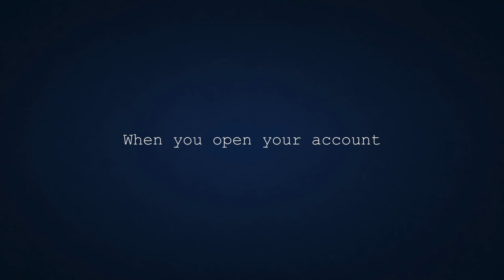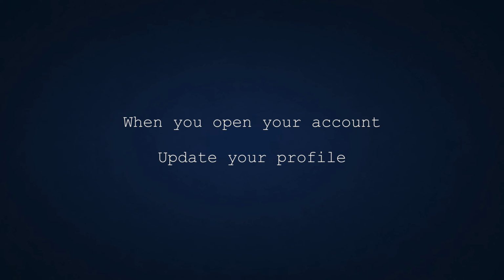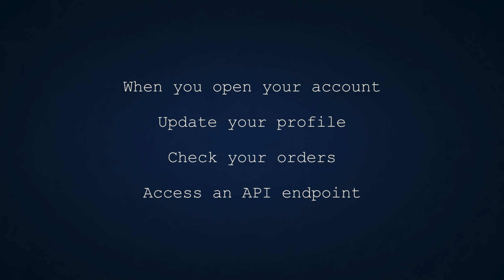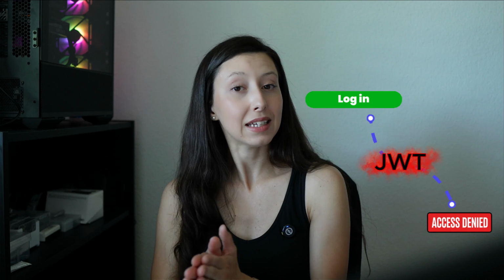From that point on, the browser keeps sending that token with the requests, and that token becomes the thing that the browser uses to recognize the session. So when you open your account page, update your profile, check your orders, or access an API endpoint, the backend is not asking for your password every time. It is checking the token. That's why JWTs are so important. They sit right between login and access.